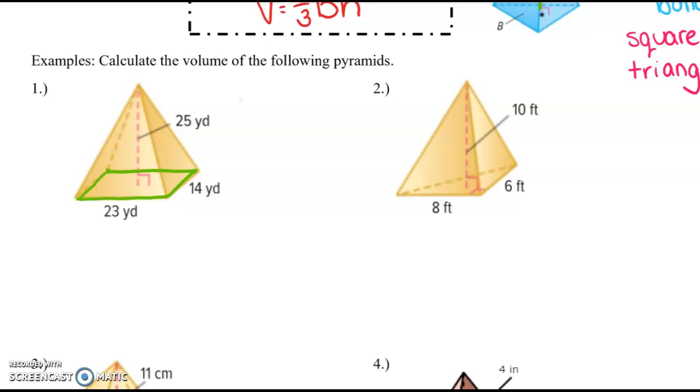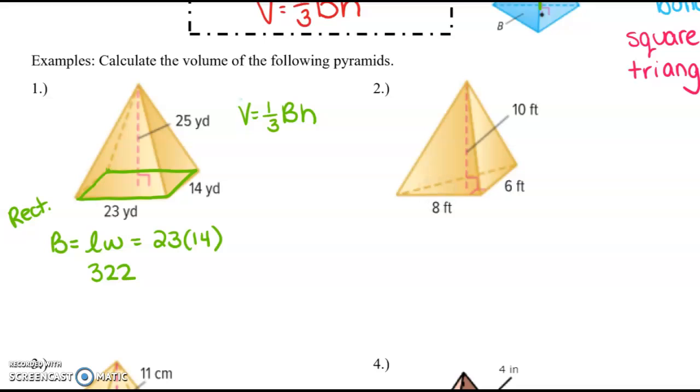Since big B is a rectangle, you multiply length times width. That's 23 times 14, which gives me 322. So that's my big B.